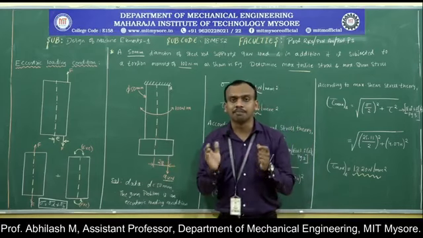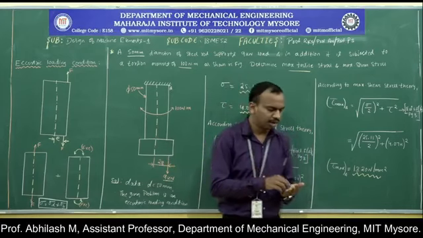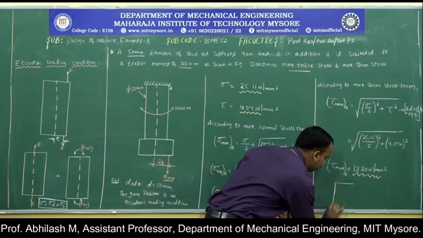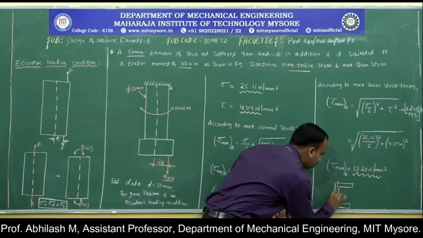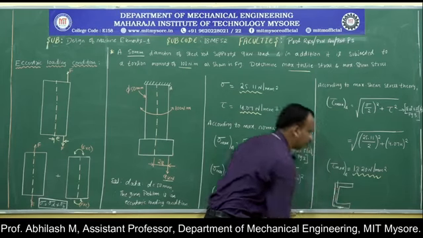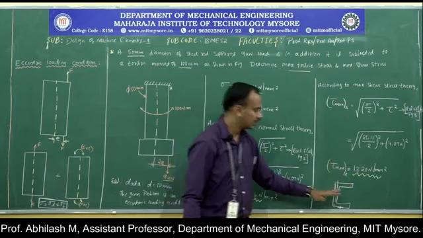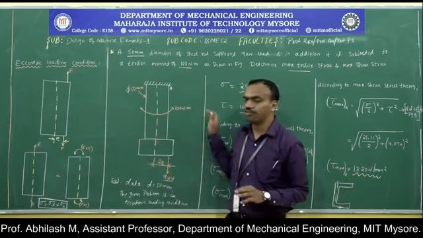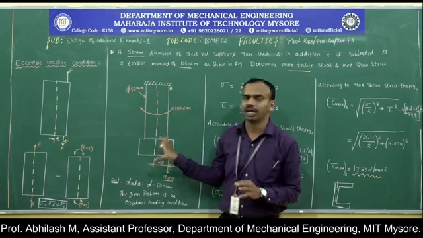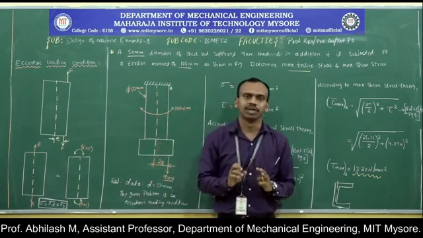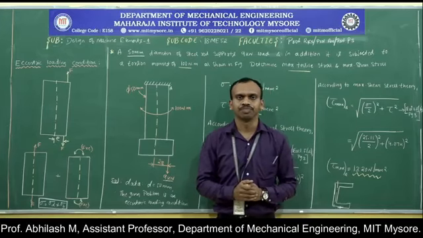It might be a clamp type problem, such as a C clamp, where the loading will not be along the axis but somewhere eccentric. Even in those cases, the problem has to be solved in a similar fashion. By considering the cross-sectional area they have given, we are supposed to analyze and then calculate the given conditions in the problem. Thank you.